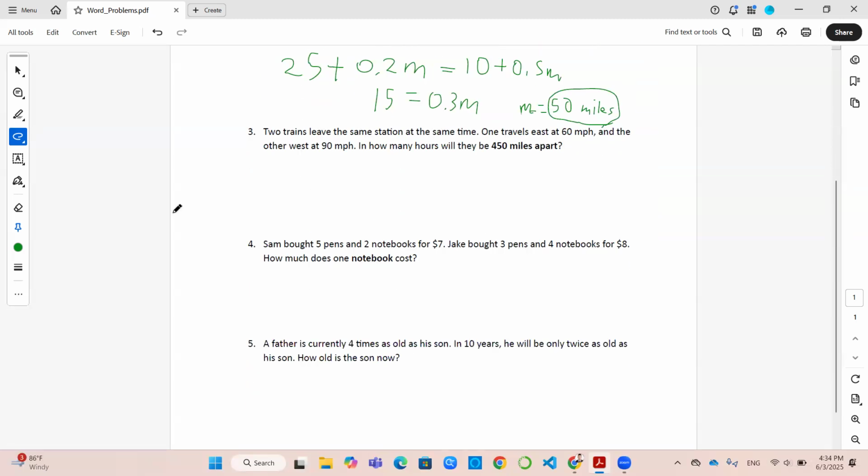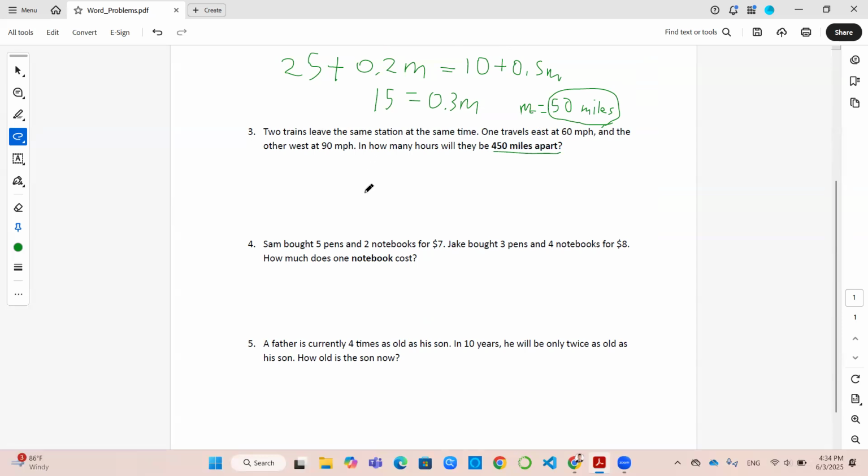Okay, question three. Two trains leave the same station at the same time. One travels east at 60 miles per hour and the other west at 90 miles per hour. How many hours will it take for them to be 450 miles apart? So this is a distance question.